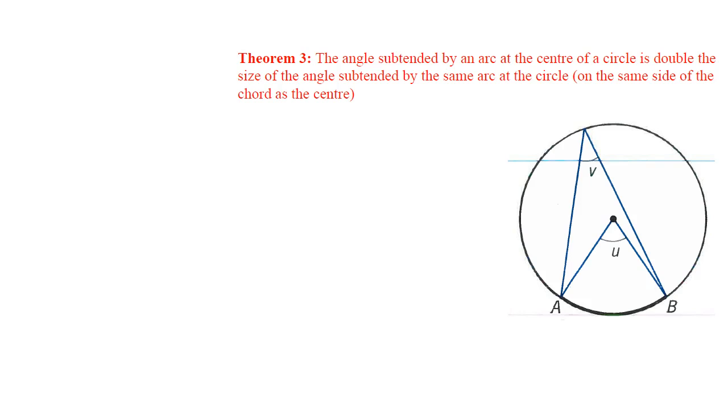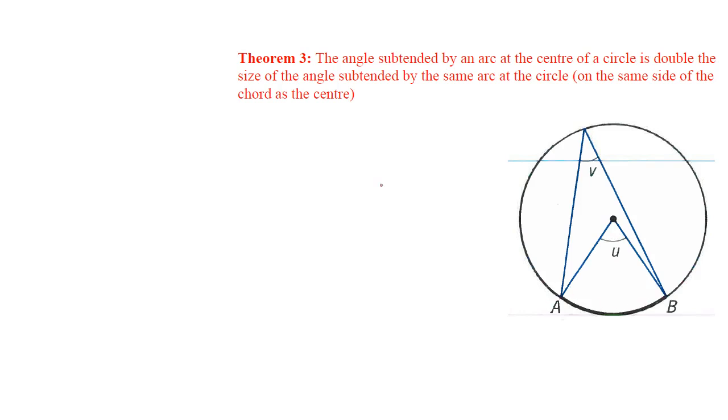So, as you can see here, V is the subtended arc angle, and U is the central angle. They have the same arc, as you can see.